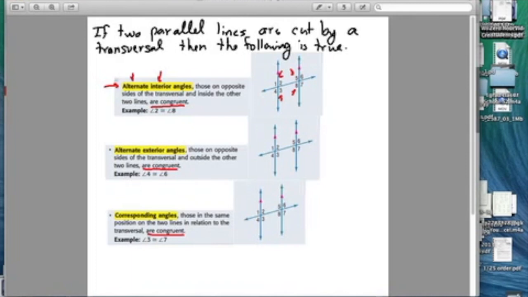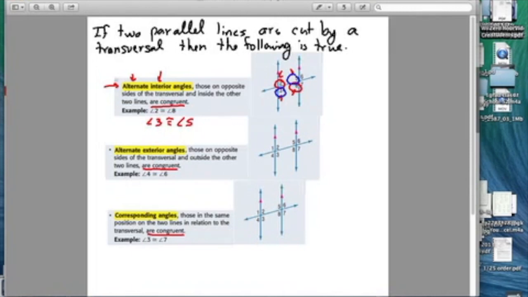Now, this says alternate, so it's those on the opposite side of the transversal. The first one they tell us is that angle 2 and angle 8 would be congruent. There's one other pair that is there. Can you guess what it is? Well, the other pair is angle 3 is congruent to angle 5. So please write that on your paper. So in here, there is another pair of alternate interior angles.